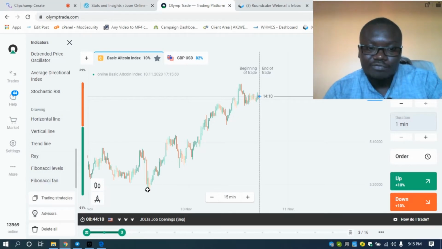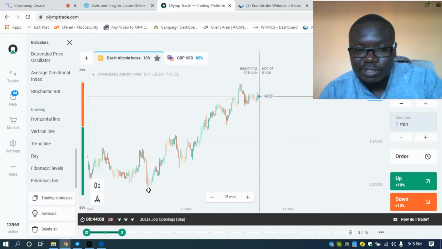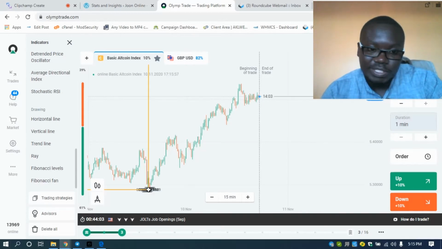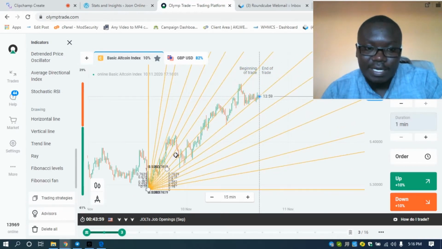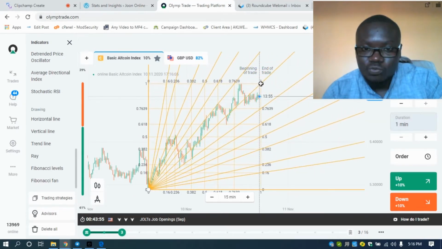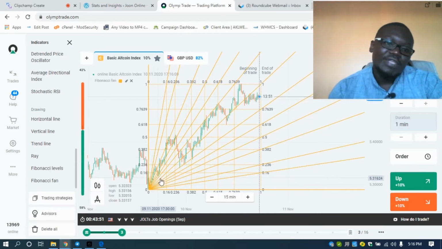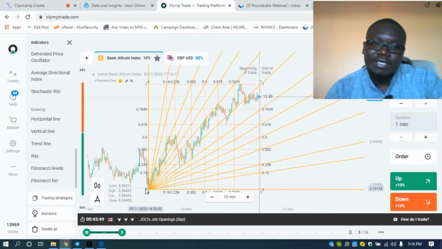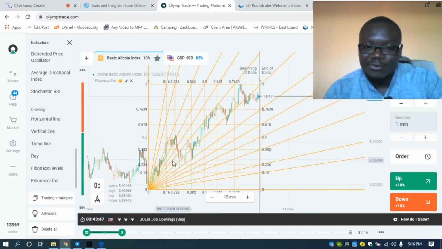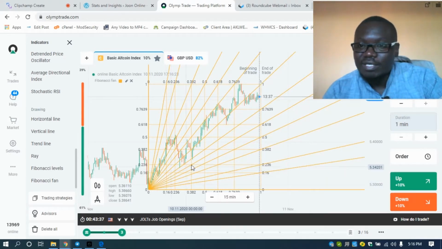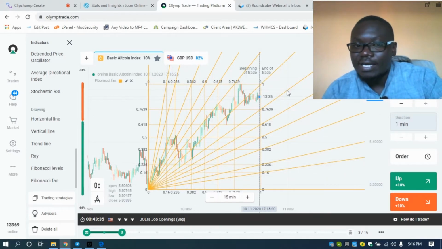To tell if the market is trending upwards, click on the lowest price level on that chart, then spread your chart to the top level where price has reached. Then you'll see a fan-like thing on your chart. If you look at that fan, you see that all its lines are facing upwards, which means that it is an uptrend.